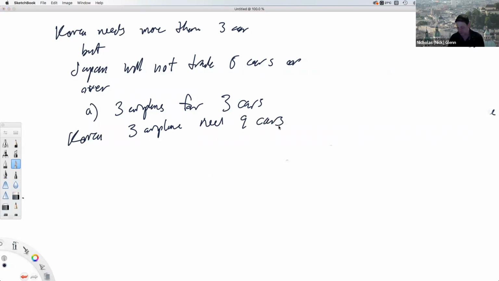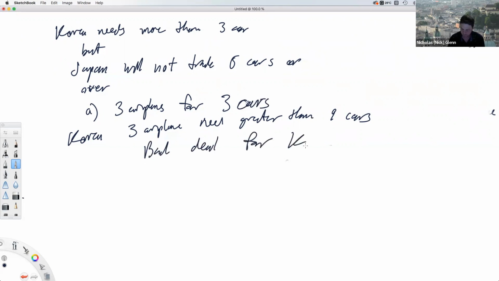If they only get 9, there's no point in trading. It's the same as doing it themselves. They're going to need more than the 9 cars here. So this would be a bad deal for Korea. Great deal for Japan, but a bad deal for Korea.